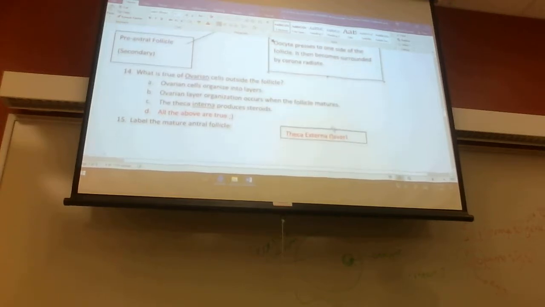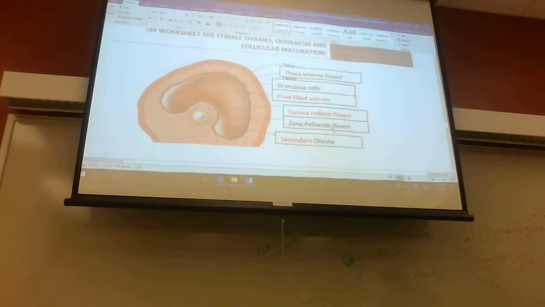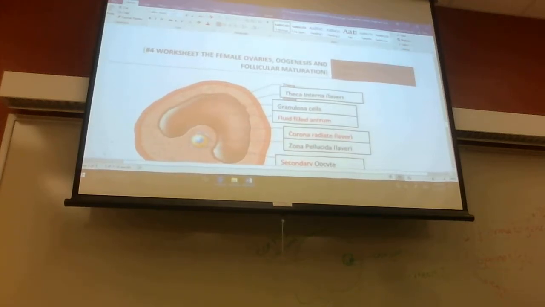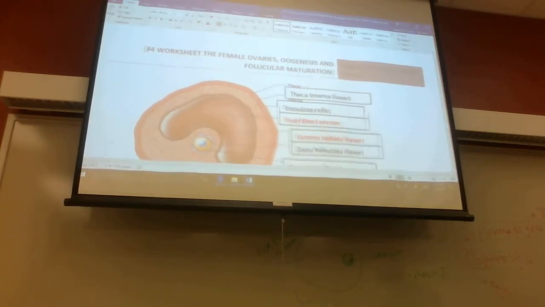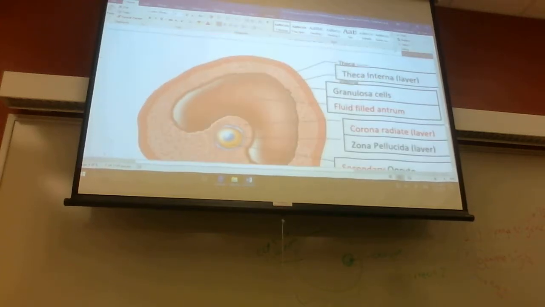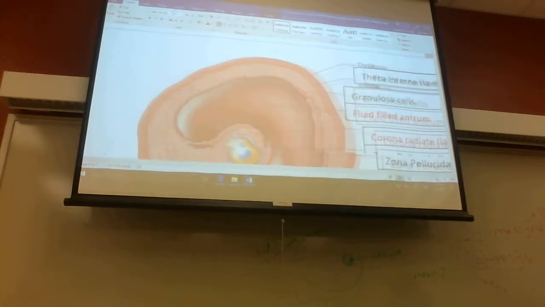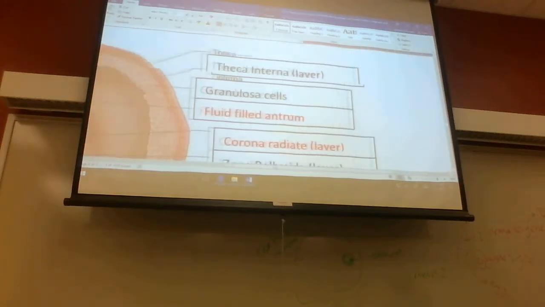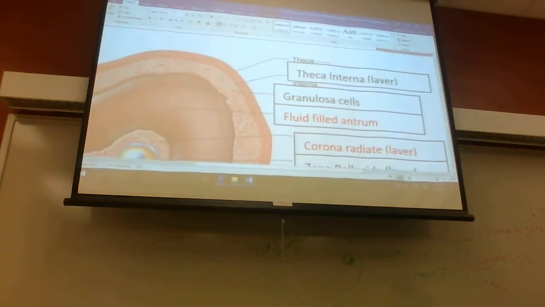So I'm going to scroll down. The theca layer, my labels are a little messed up, but you can kind of see it here, is the dark pink at the top. So that's the theca externa. The theca interna is the light pink color, right around the edge.